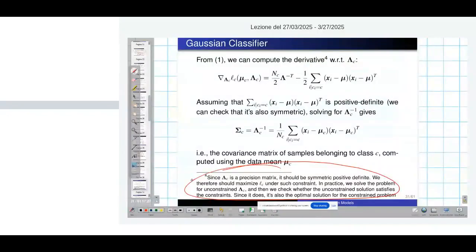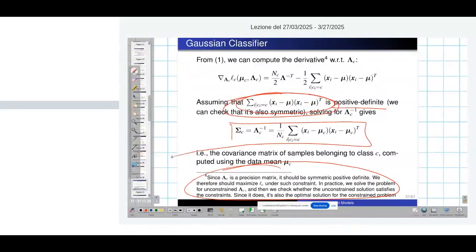We solve the problem in the unconstrained way. We will see that the solution respects the constraints, so we can avoid explicitly asking for the constraints to be met, provided that the empirical covariance matrix of the dataset is positive definite. That will be the maximum likelihood solution for our covariance.